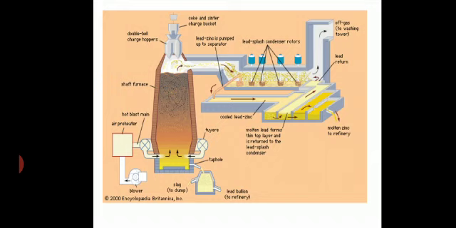The silver present in the ore passes into the solution in the form of a soluble complex, sodium argentocyanide. Ag2S plus 4NaCN gives 2Na[Ag(CN)2] plus Na2S. Na[Ag(CN)2] is sodium dicyanoargentate, or commonly sodium argentocyanide.